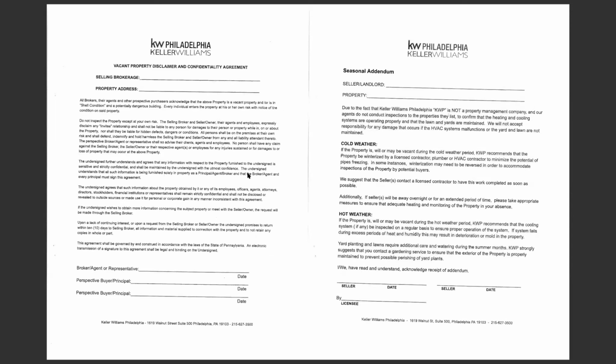The next form you're going to see is a vacant property disclaimer form. Now, this form is primarily designed not for your standard vacant home, but for a property that is dangerous in condition. I mean, you could fill it out if you're dealing with a vacant property. Go ahead, fill it out.